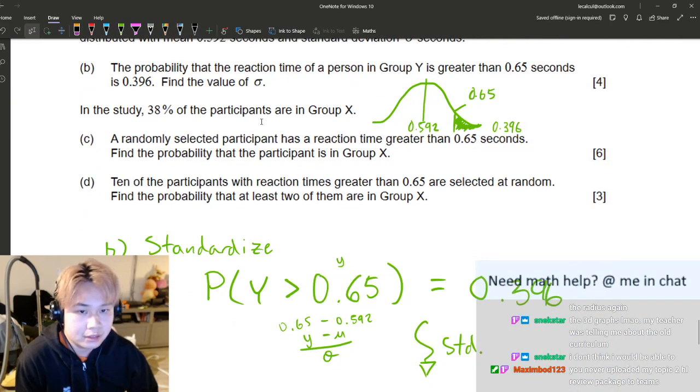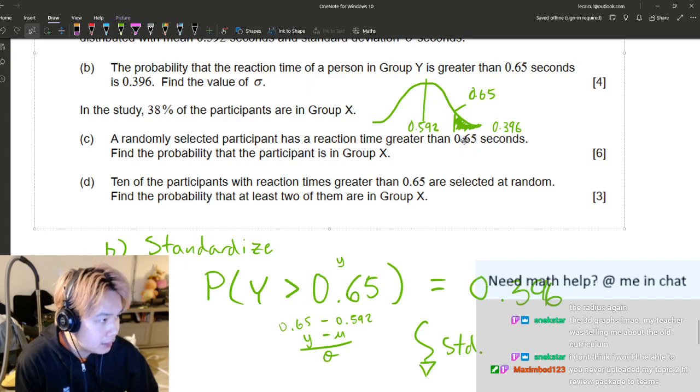Alrighty, now let's see what's going on. In the study, 38% of the participants are in group X. A randomly selected participant has a reaction time greater than 0.65 seconds.